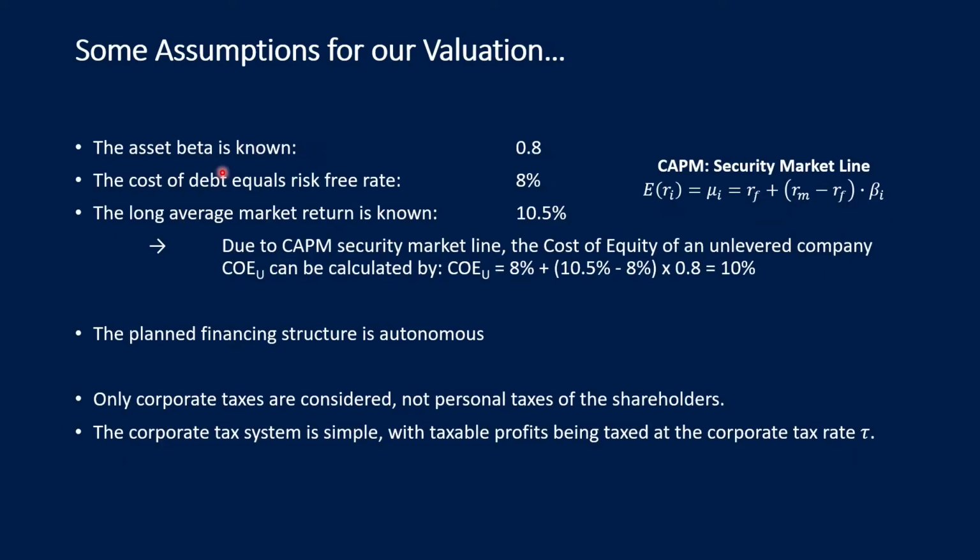For our valuation that we are going to perform later on, we need some assumptions. We assume that the asset beta is known. The asset beta is the beta of the unlevered company.